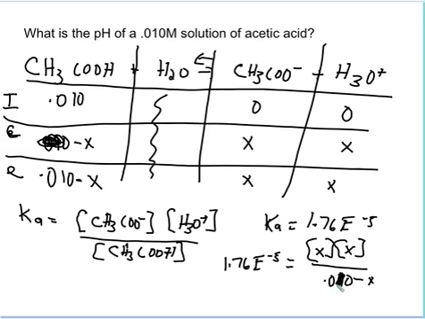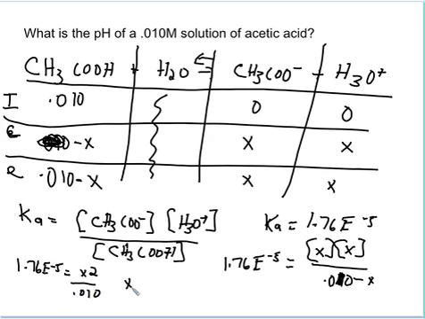Now, because this is such a small Ka value, we can disregard this x. It's not going to really make a difference, so we can simplify things by getting rid of that. So 1.76 e to the minus 5 is going to equal x squared over 0.010.